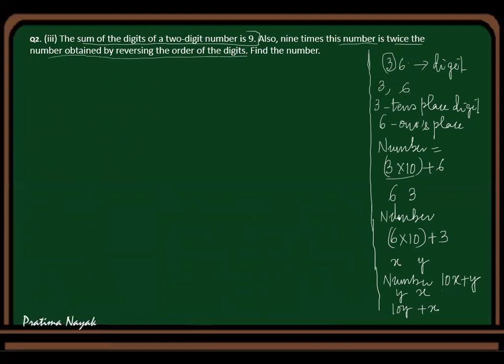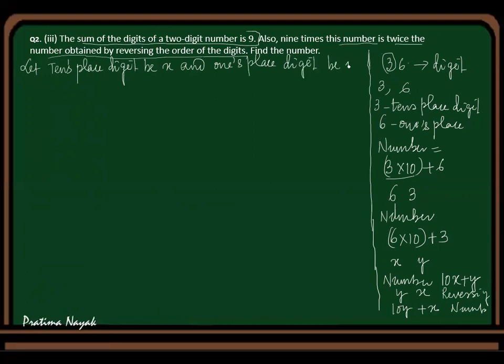So let the tens place digit be x and the ones place digit be y.